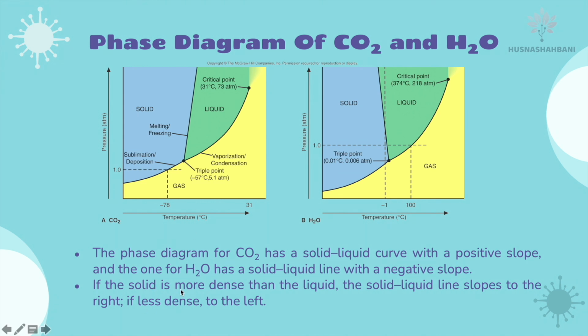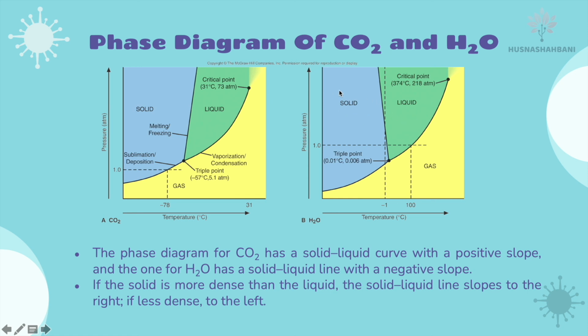If solid is more dense than liquid, that's for carbon dioxide, the solid-liquid line slopes to the right. For water, solid is less dense than liquid. We know that ice is less dense than water.